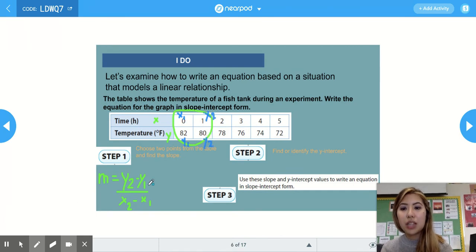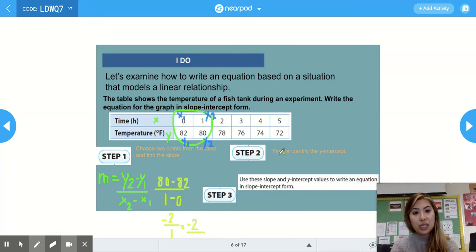And then I'm going to plug the numbers into this equation. So y2 minus y1, we have 80 minus 82 over 1 minus 0. 80 minus 82 is negative 2. 1 minus 0 is positive 1. Negative 2 divided by positive 1 is negative 2. So our slope is negative 2.